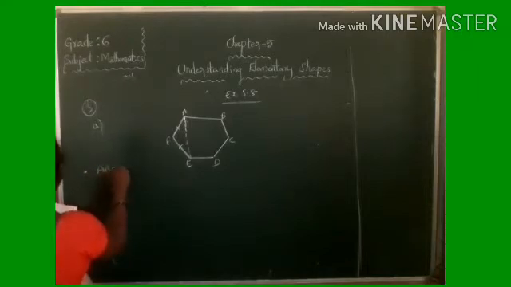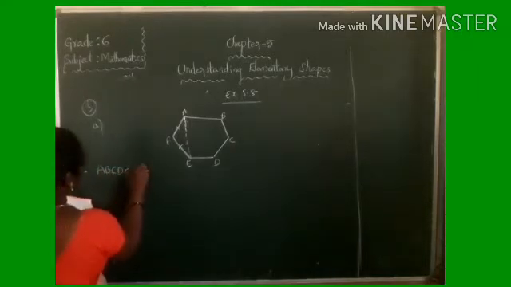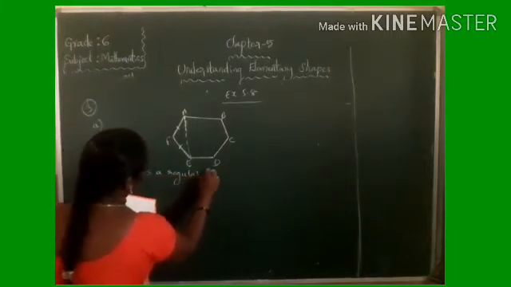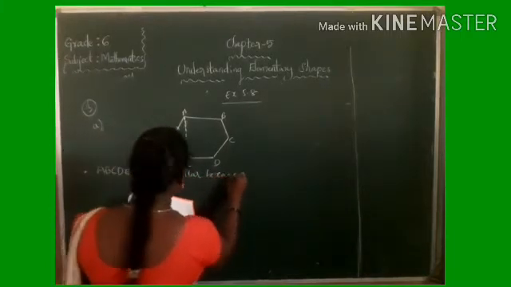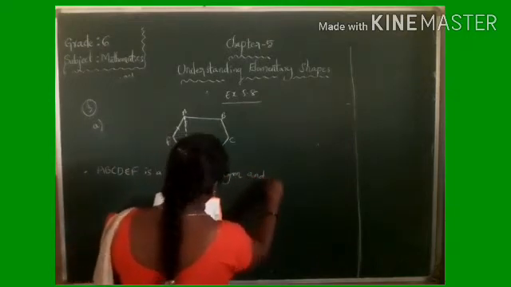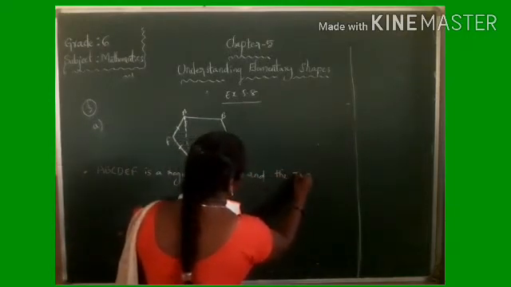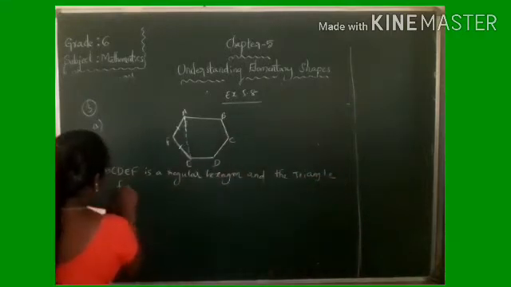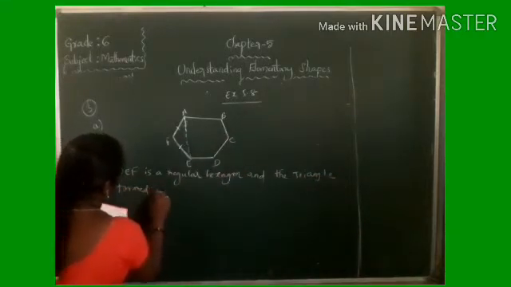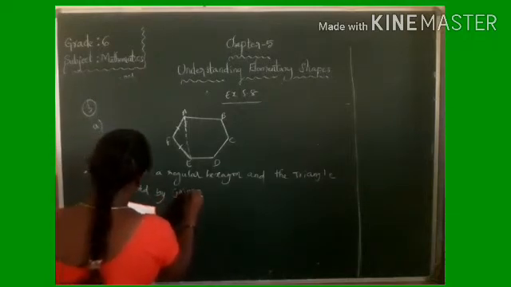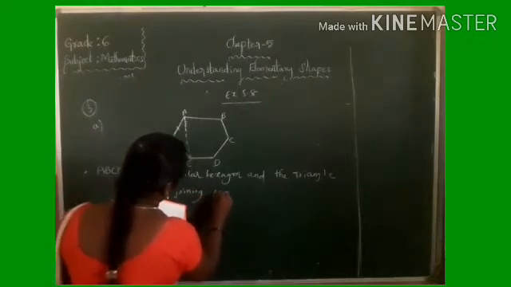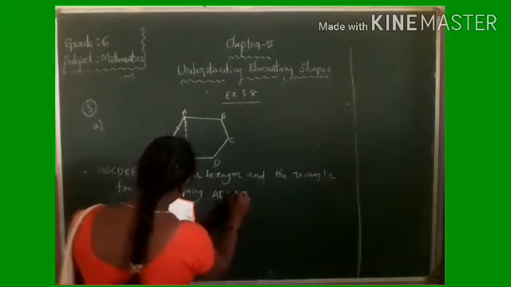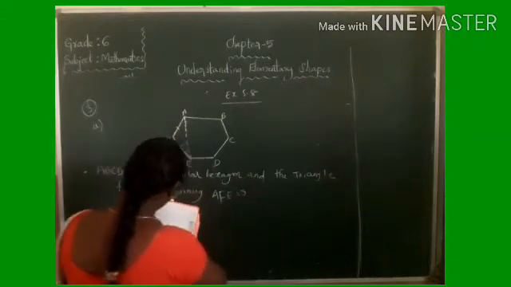First you write here: ABCDEF is a regular hexagon, and the triangle formed by joining AFE.